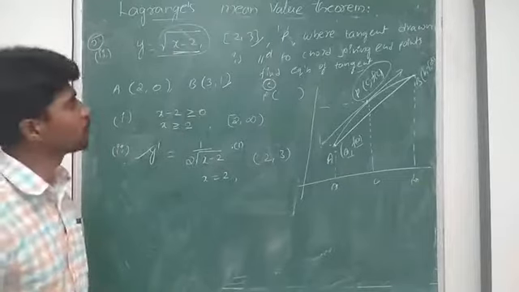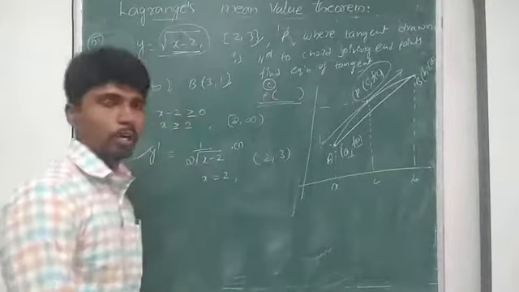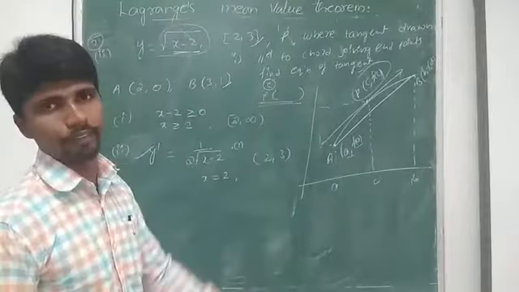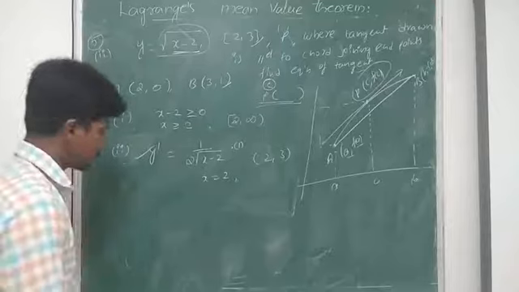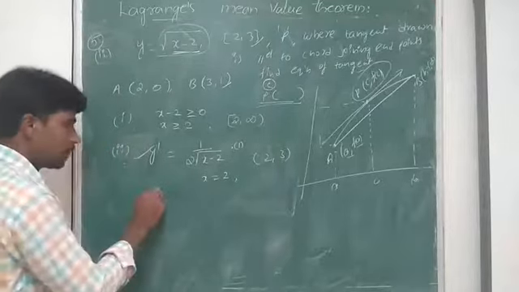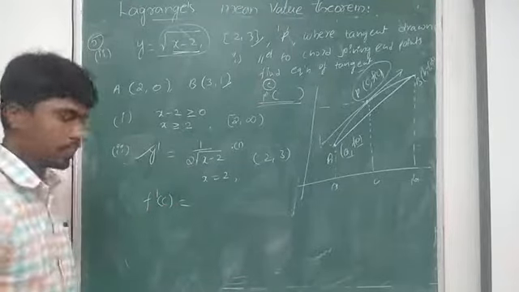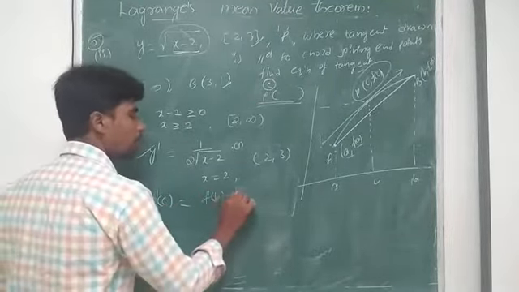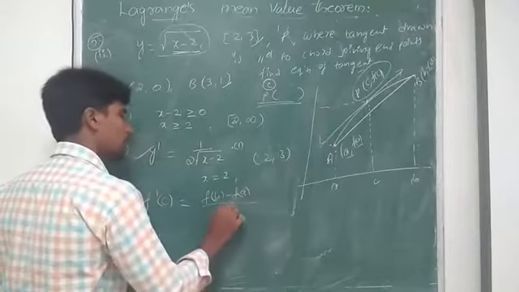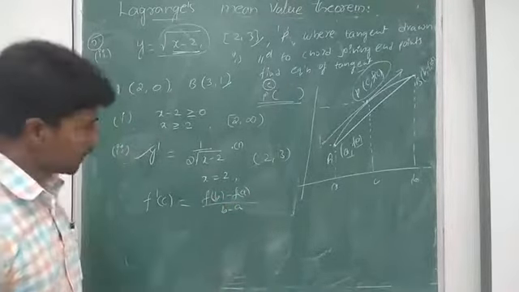Now my work is to find point P, which is c comma f of c. What does Lagrange's theorem give us? There will be a point c for which the derivative f dash of c is equal to f of b minus f of a by b minus a.